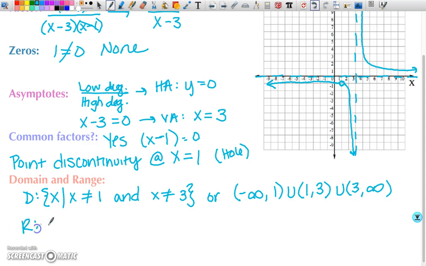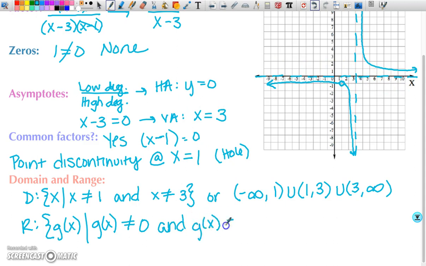Then when you go to throw it into your range, this one is a g of x problem, such that g of x does not equal 0, because that's this horizontal asymptote here, and g of x does not equal a negative 0.5. And I get this number by plugging in a number close to positive x equals 1.